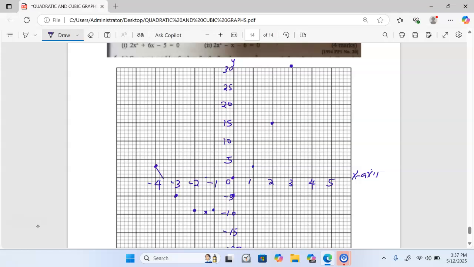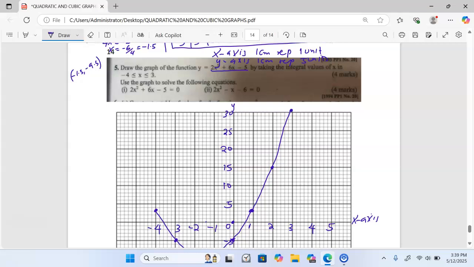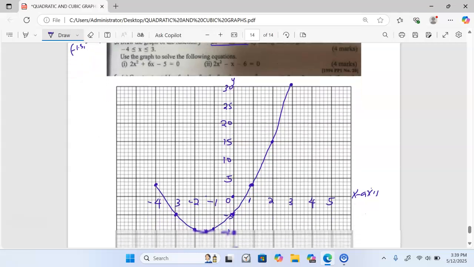So we are going to have to connect them this way. After joining all our plotted points, we can now move down and answer the given questions.